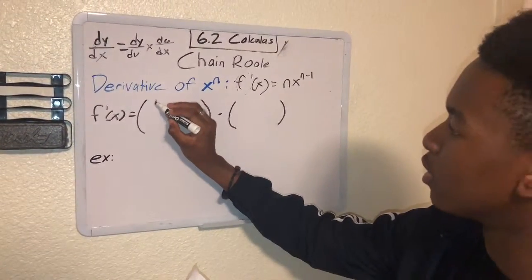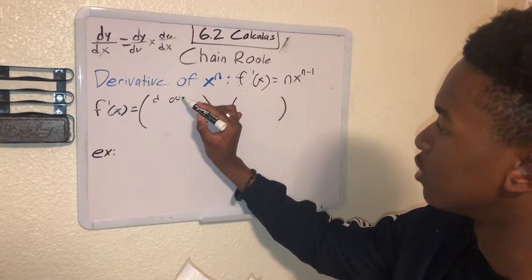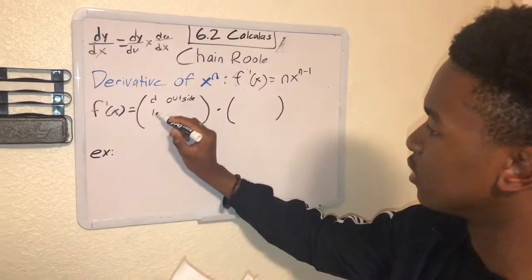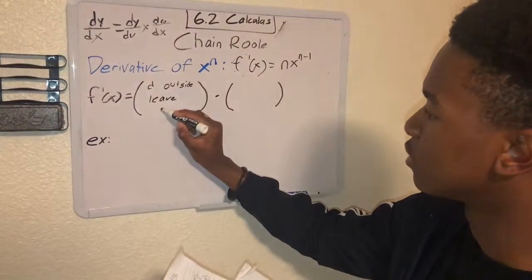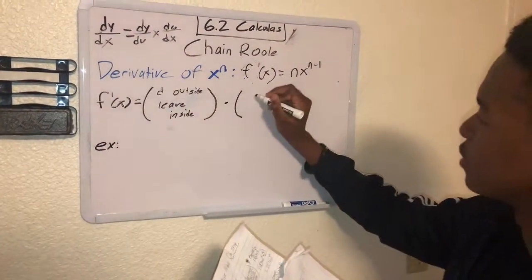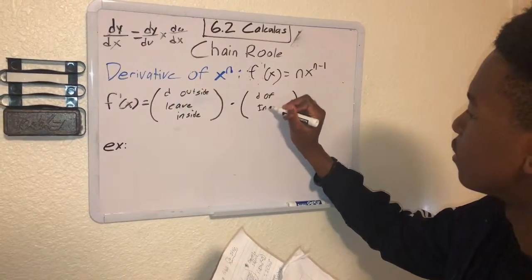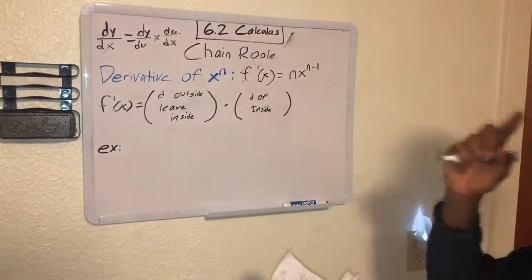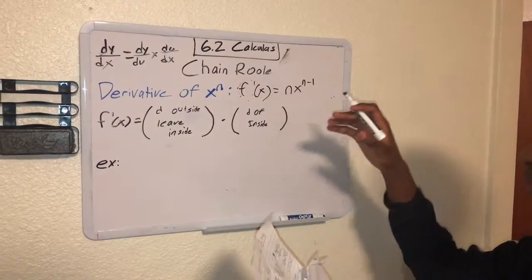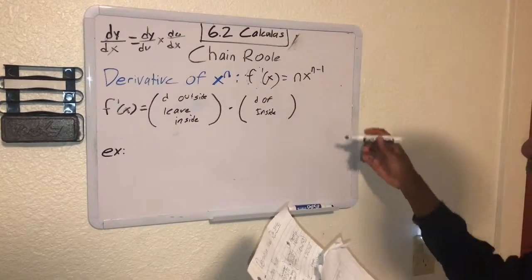So you have the derivative of the outside, leave the inside, and then the derivative of the inside. You multiply that, and you use chain rule to get the derivative.